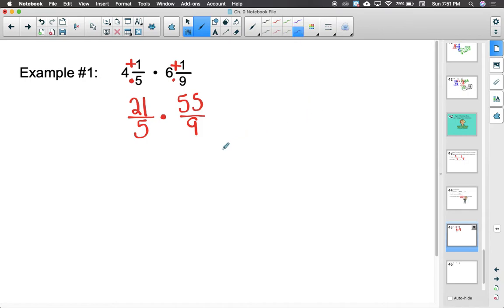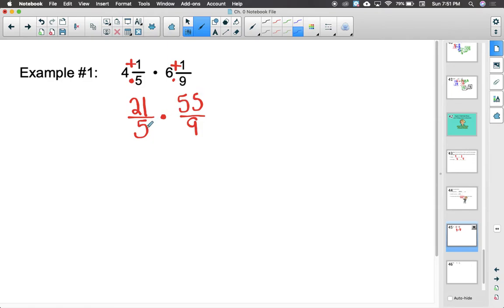So now we want to do some simplifying, okay? This is a mandatory step in 7th grade. You need to start looking for these common factors to make the problems a lot easier. Okay, I'm going to hide common factors in a lot of these problems, so you need to be on the lookout. So we take a look at the two numbers that are diagonal from each other, so the denominator of our first fraction and the numerator of our second fraction.